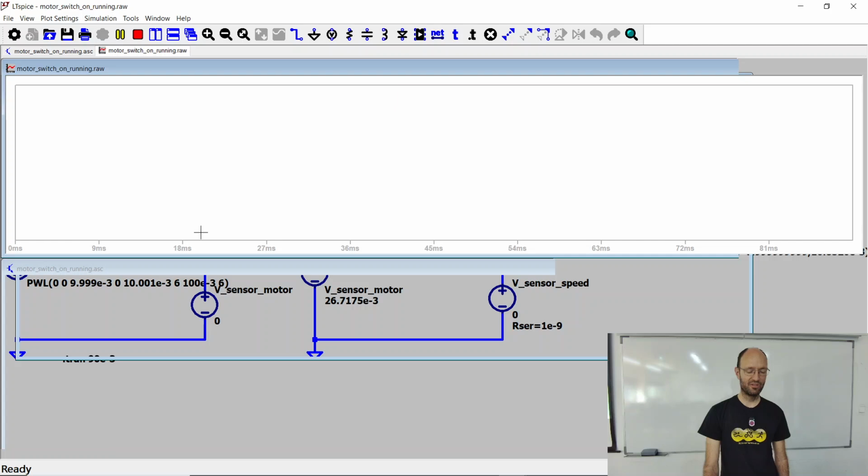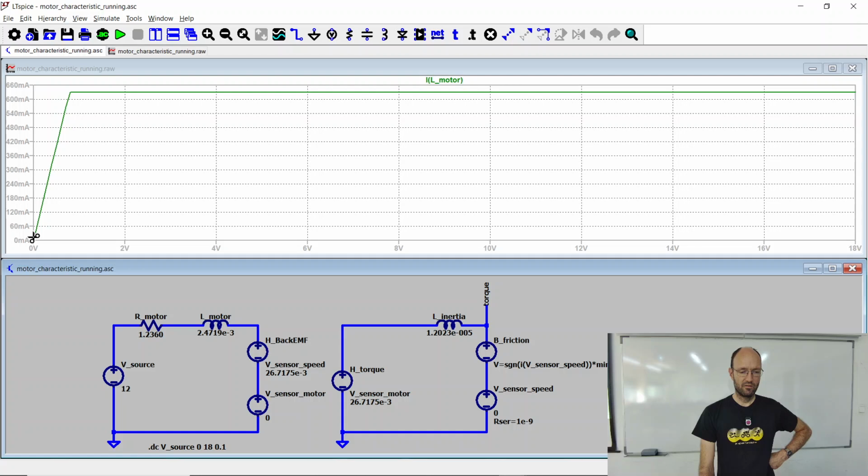And if we simulate like this, now looking at the motor current, we should see, okay, current is increasing, motor is not turning, right? If we look at the speed at the very same time, maybe look at the speed because there's much more speed than current there. So it's going up and then we get the flat curve.